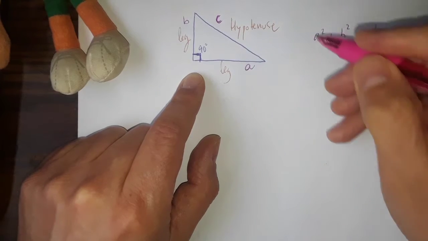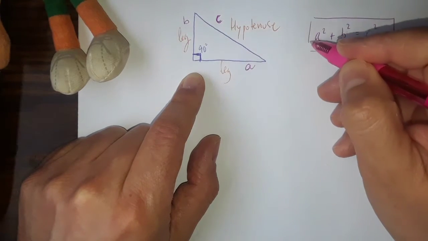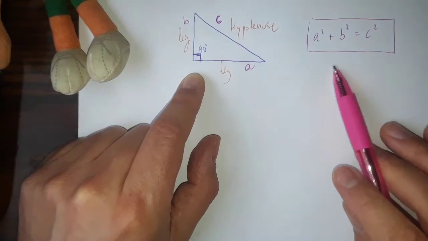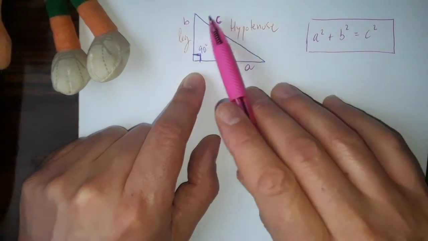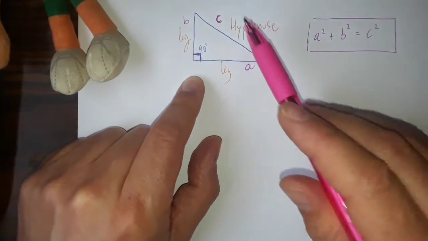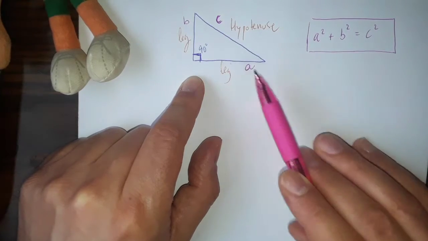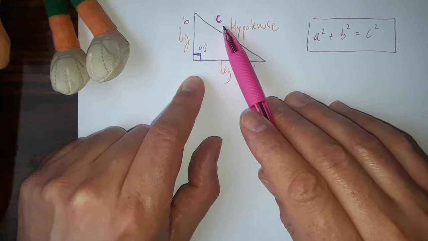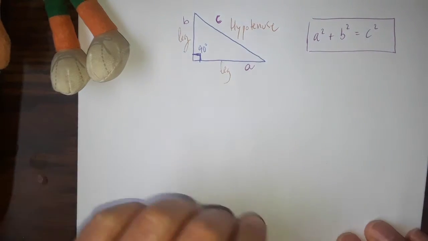You remember that, guys? The Pythagorean theorem is very useful when we're trying to find one of the sides given the other 2. If they give us the hypotenuse and a leg, we can find the other leg, or if they give us the 2 legs, we can find the hypotenuse.